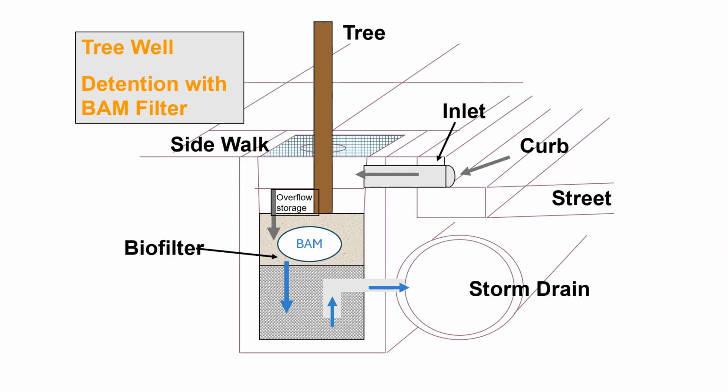It's common in these designs to have a designated storage area above the media, allowing water to temporarily accumulate before it's filtered or discharged. In the event of heavy rainfall, any excess water beyond the system's capacity will utilize an overflow mechanism, a concept that's quite similar to how a rain garden manages high-flow events.